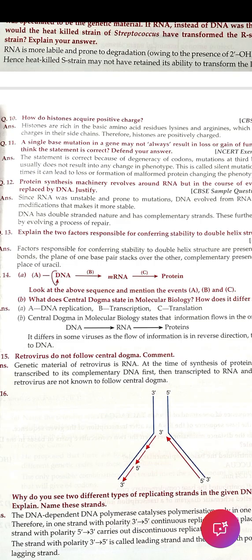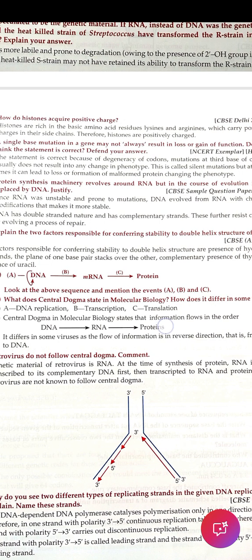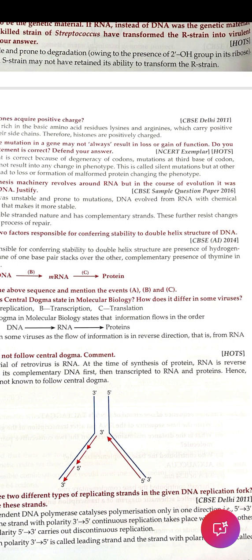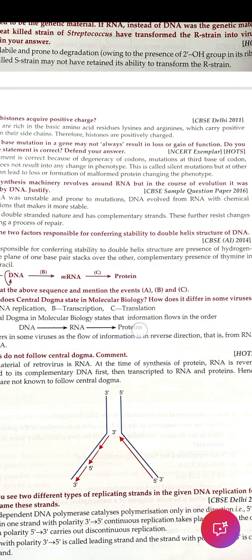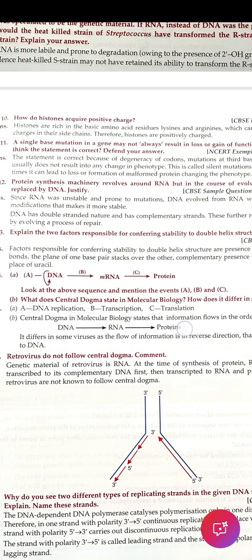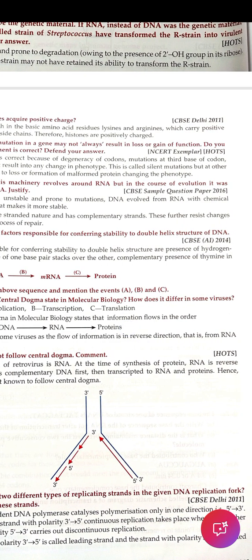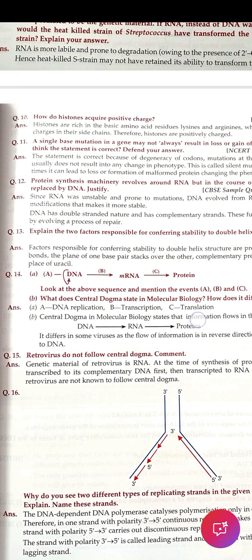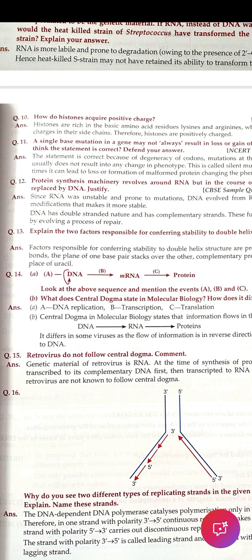Answer is, since RNA was unstable and prone to mutation, DNA evolved from RNA with chemical modification that makes it more stable. DNA has double-stranded nature and has complementary strands. This further resists changes by evolving a process of repair.